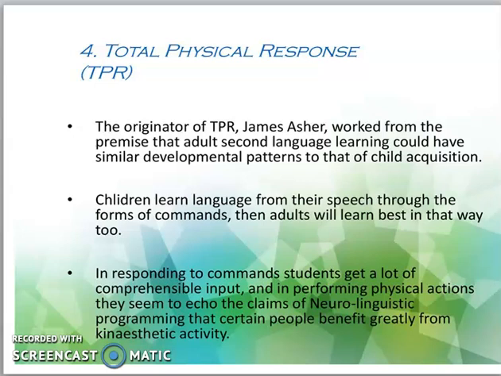The next one is total physical response, or TPR. The originator of TPR, James Asher, worked from the premise that second language learning could have similar developmental patterns to that of child acquisition. Children learn language from their parents' speech in the form of commands.